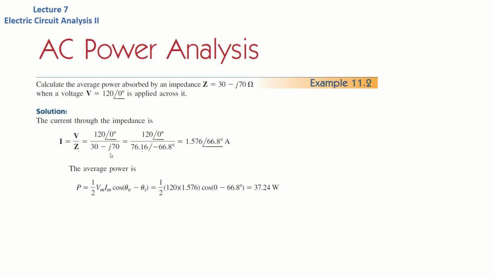Since we are dealing with two complex numbers, we will end up with another complex number. And once we have I, the phasor of current, we can multiply V, the phasor of voltage, with the phasor of current.